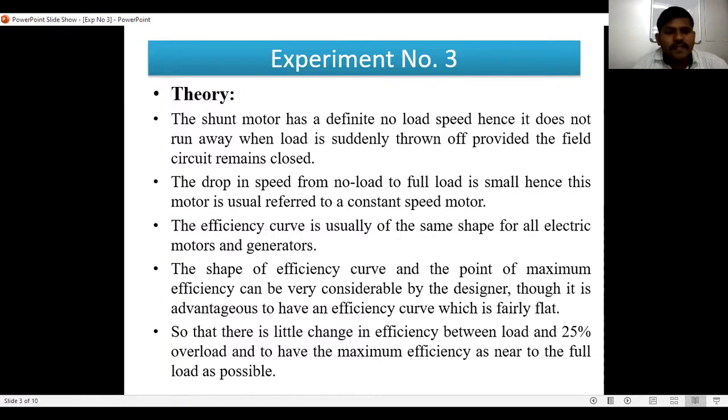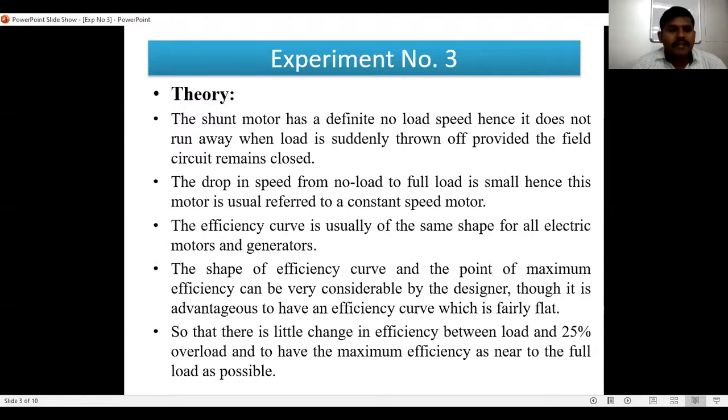The shape of the efficiency curve and the point of maximum efficiency can be very considerable. The efficiency curve we are going to draw is output power versus efficiency. The point of maximum efficiency is a considerable thing while designing a machine.